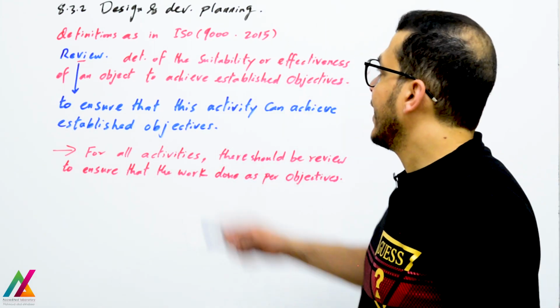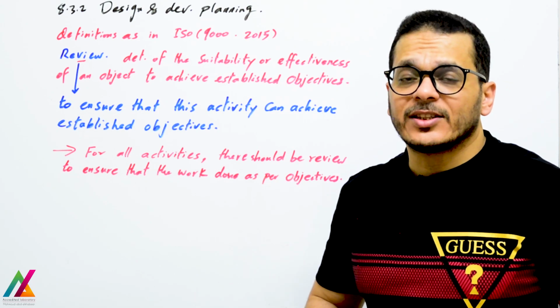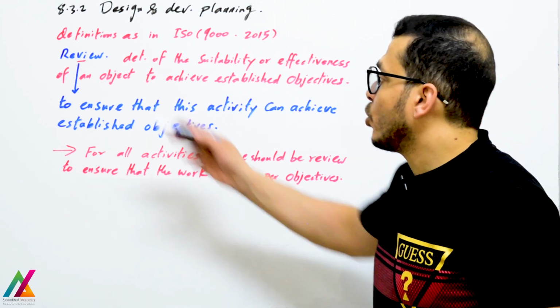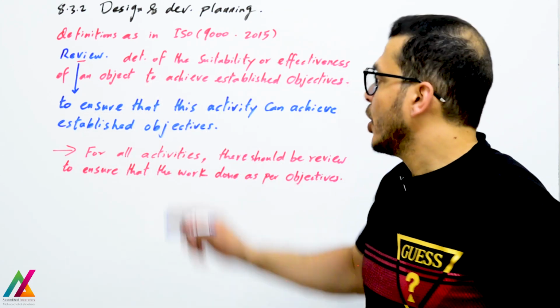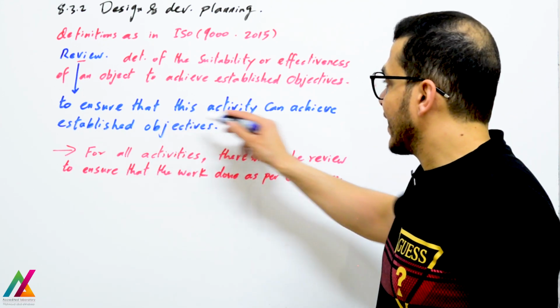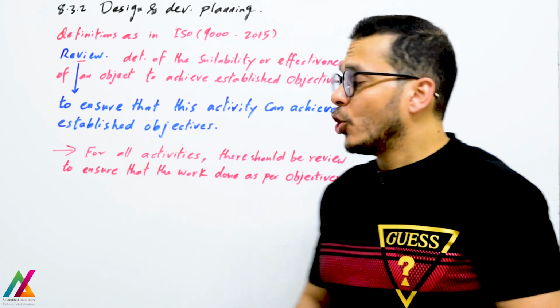As defined in ISO 9000:2015, review is the determination of the suitability or effectiveness of an object to achieve established objectives.